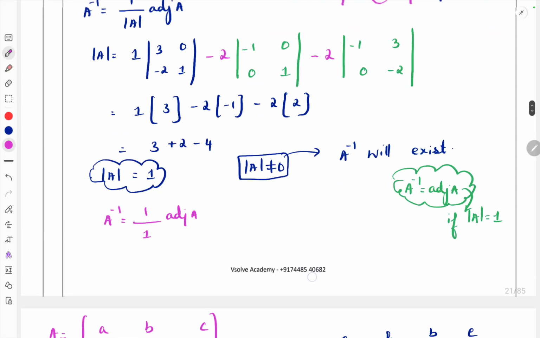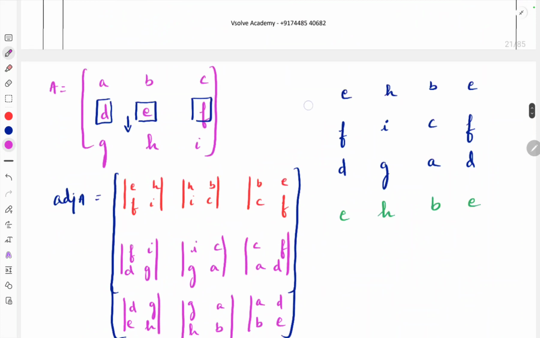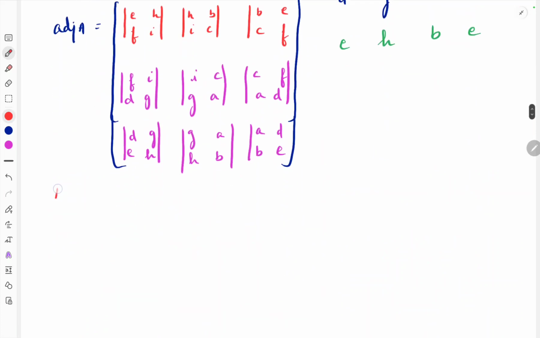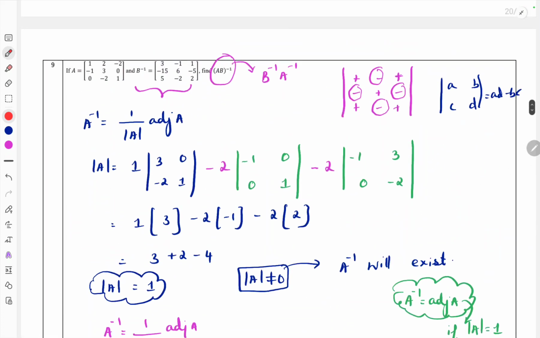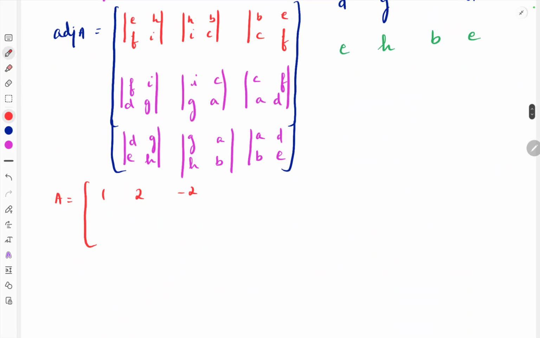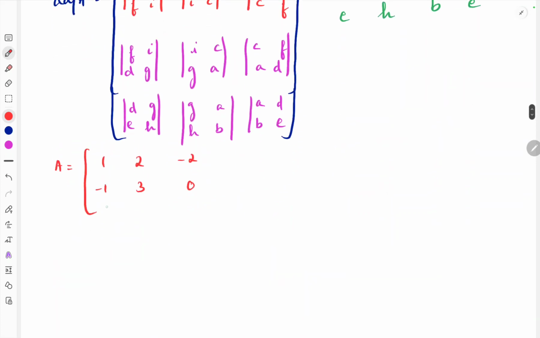So now in this matrix we have 1, 2, minus 2. I'll just copy that. A equal to 1, 2, minus 2, minus 1, 3, 0, minus 1, 3, 0. Next 0, minus 2, 1, 0, minus 2, 1.